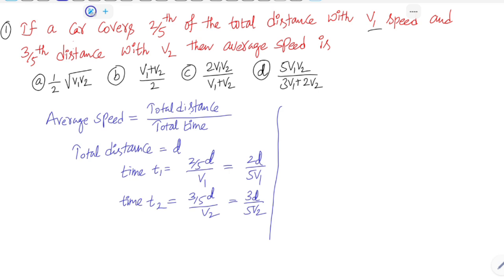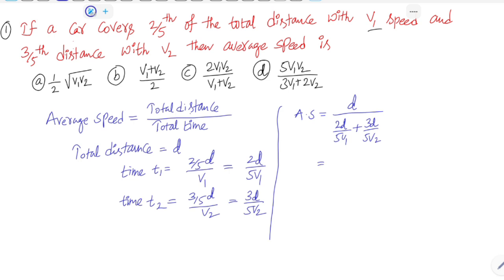Getting to the formula, average speed is equal to total distance by total time. So average speed is equal to total distance d, and time is split into two parts t1 and t2. Therefore t can be written as t1 plus t2. What is t1? 2d by 5v1. t2 is 3d by 5v2.